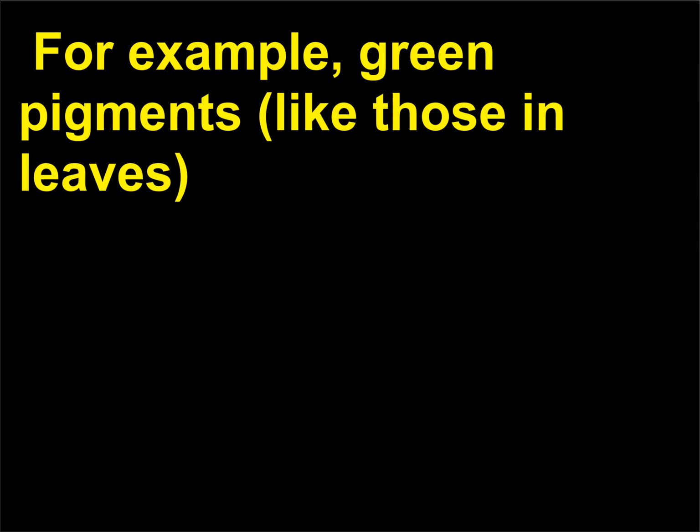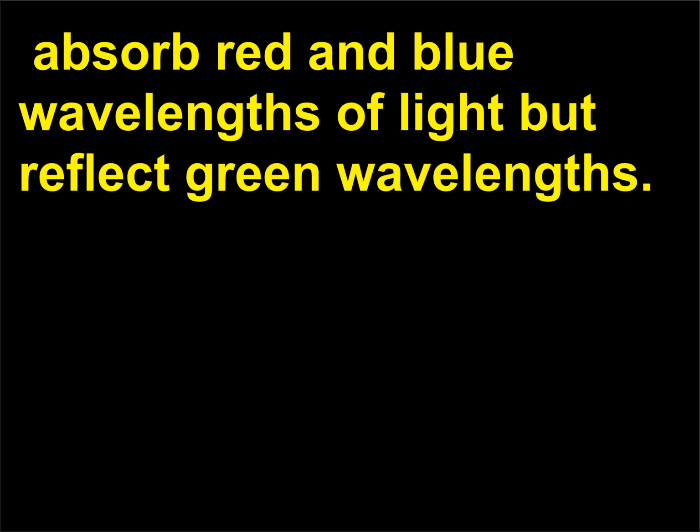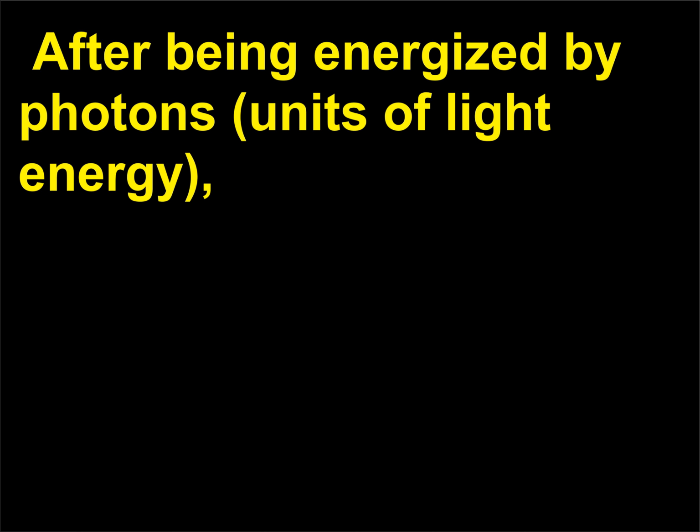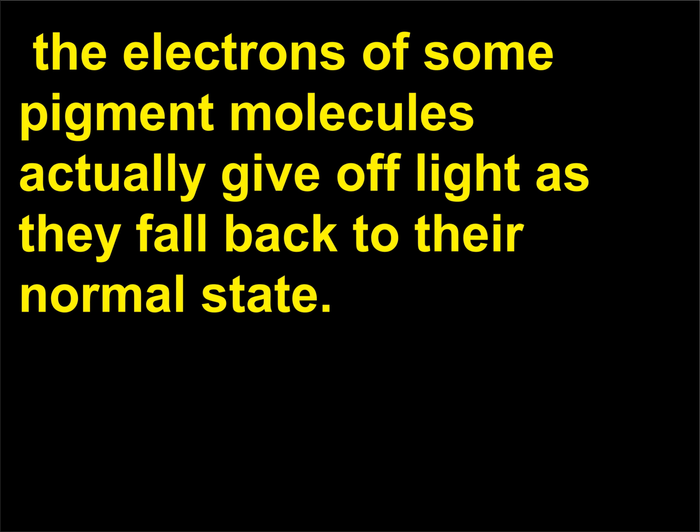For example, green pigments, like those in leaves, absorb red and blue wavelengths of light but reflect green wavelengths. After being energized by photons, units of light energy, the electrons of some pigment molecules actually give off light as they fall back to their normal state.